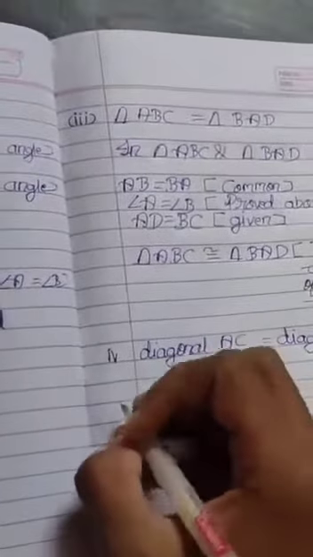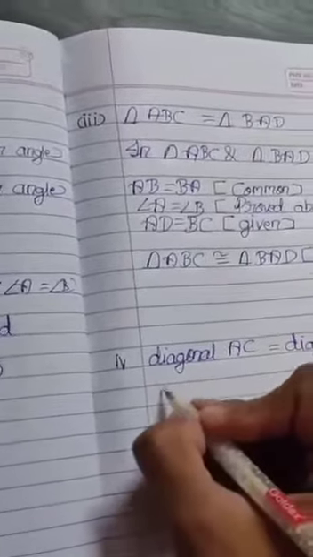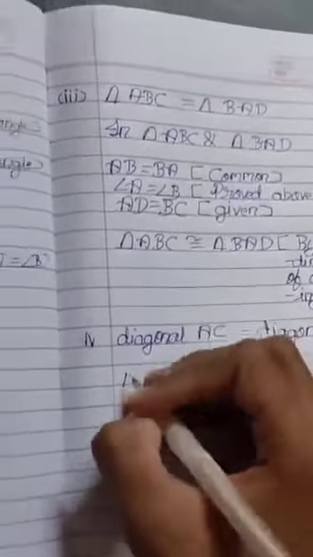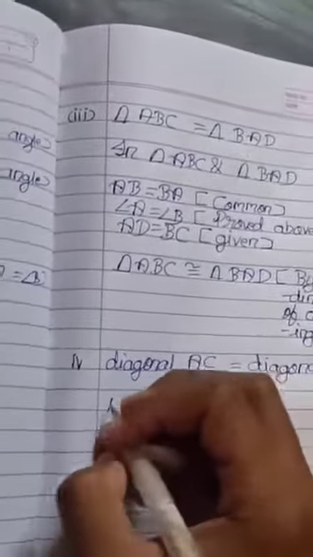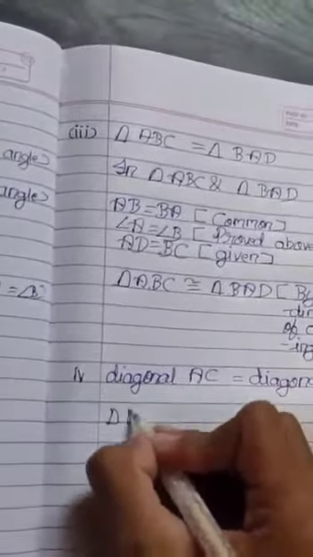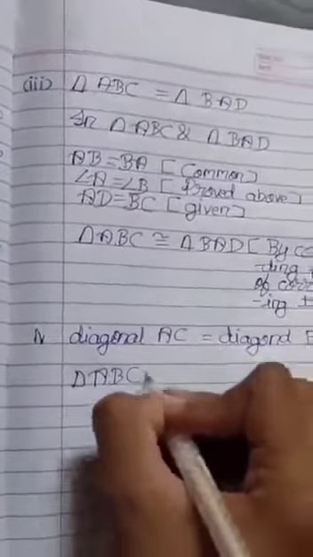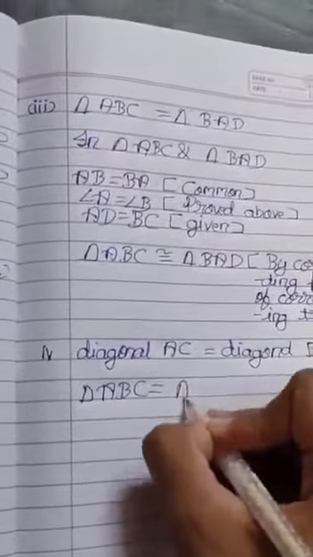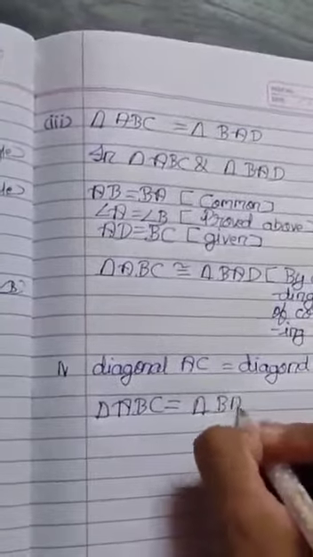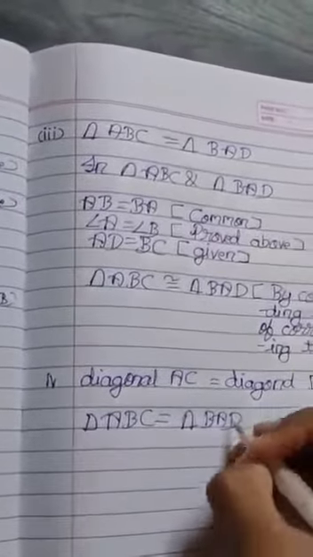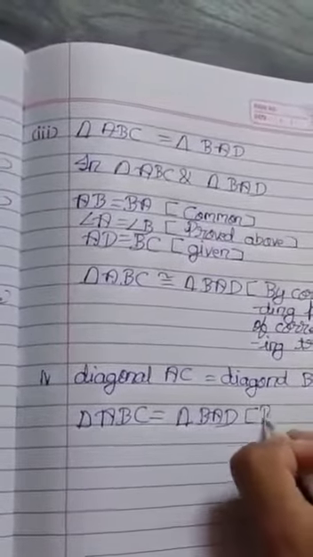In triangle ABC, triangle ABC is congruent to triangle BAD, which is proved above.